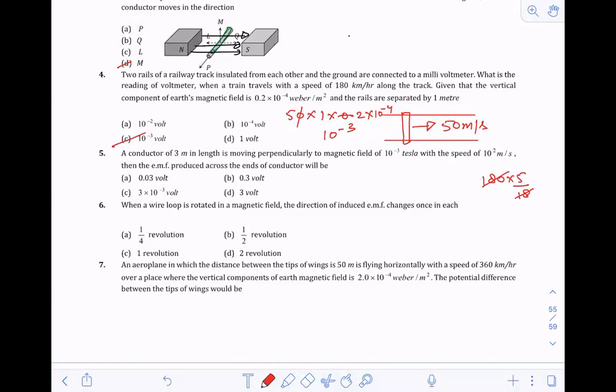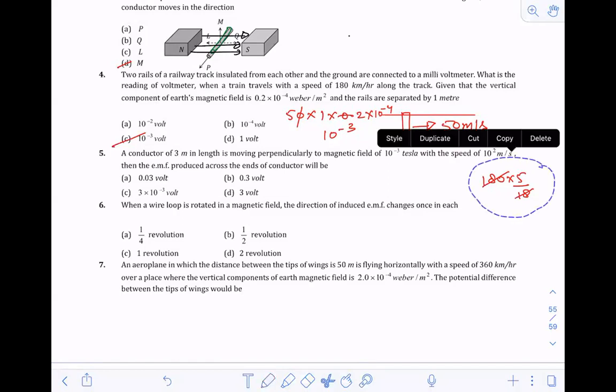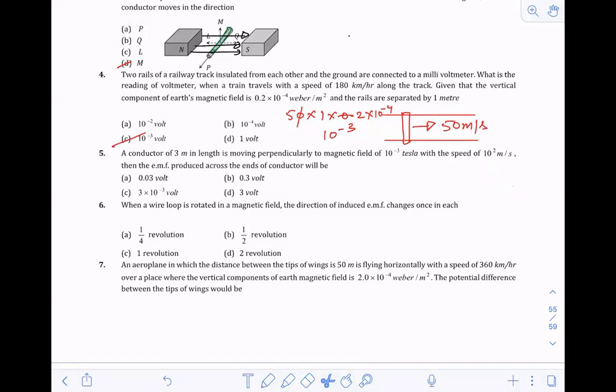A conductor of 3 meter in length is moving perpendicularly to magnetic field of 10 to the power minus 3 Tesla with the speed of 10 to the power 2 meter per second. The EMF produced across the conductor will be. Okay, so this is the 5th question.